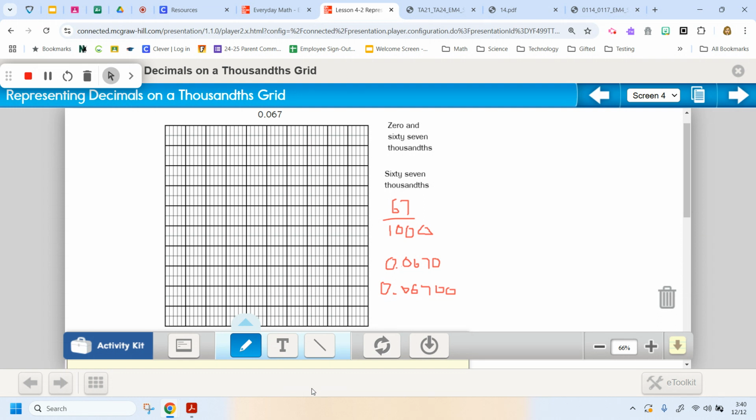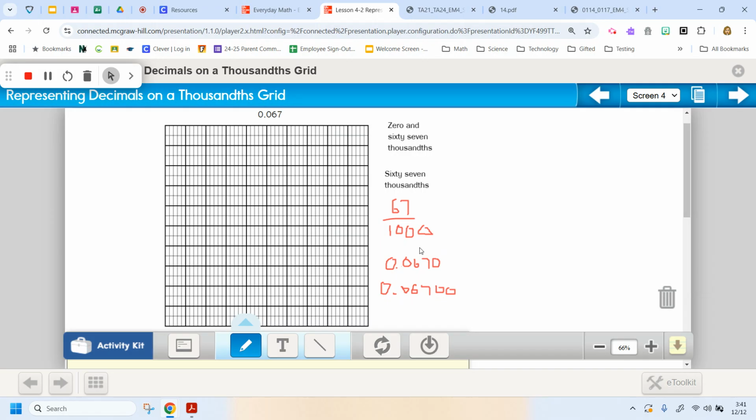It's still only 67 thousandths that's shaded in, but now I'm going to call it 0 and 67, or 6,700 hundred-thousandths. So we're not going to keep adding zeros. Those are all different names that we could put in our name collection box, so you may want to have those written down on your paper if you want to pause the video.